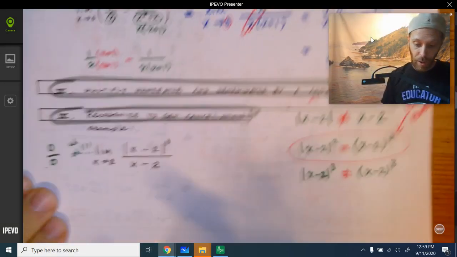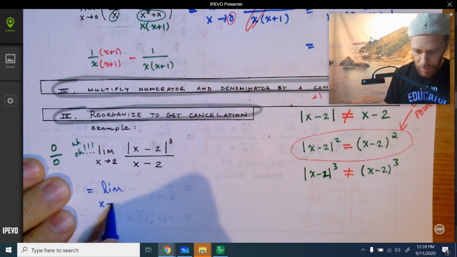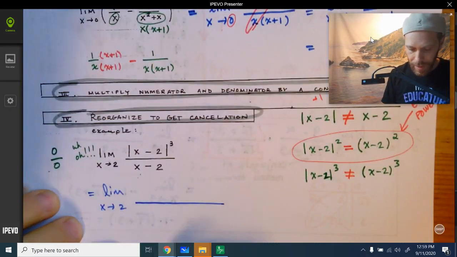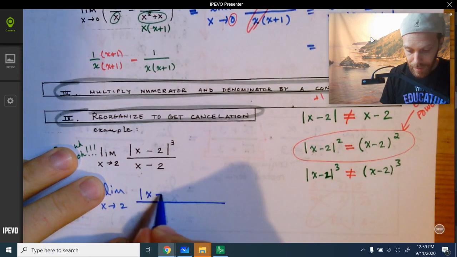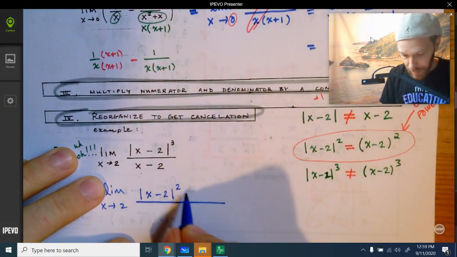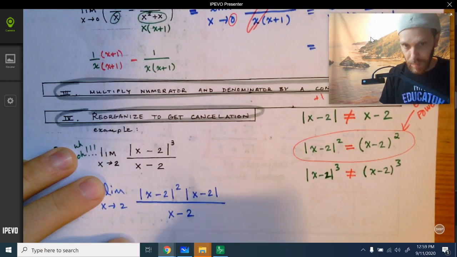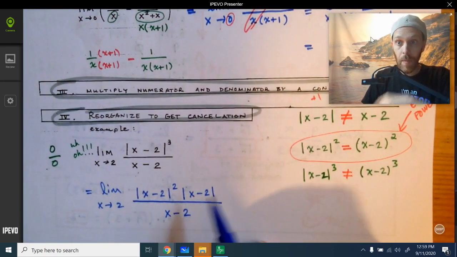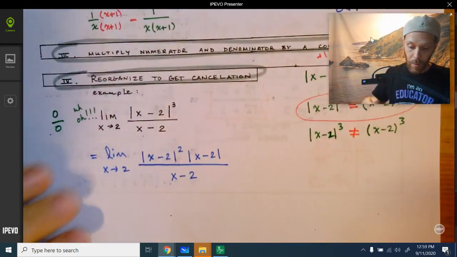Instead, here's what we can do. Take this numerator. Some of you know what I'm thinking here. Take this numerator and break it into 2 chunks. Now, what good did that do us? Can we cancel these 2 things? No. Instead, here's what we can do.